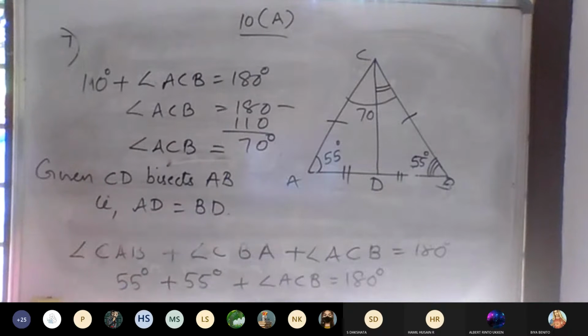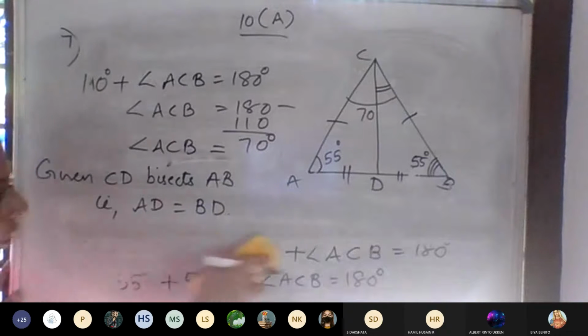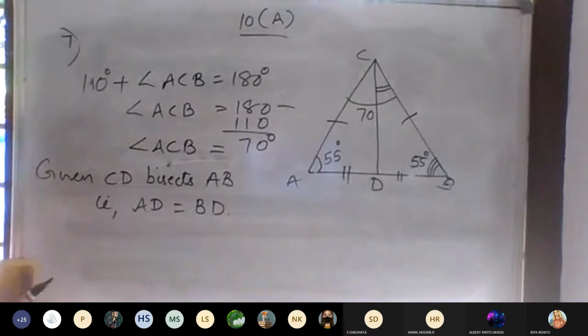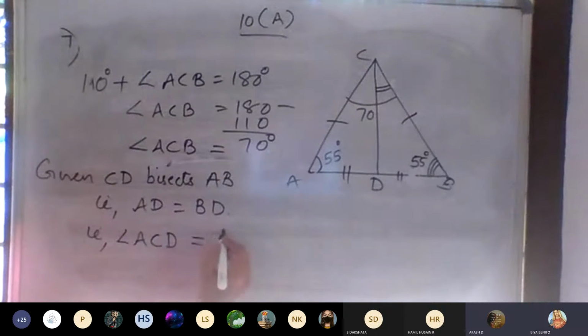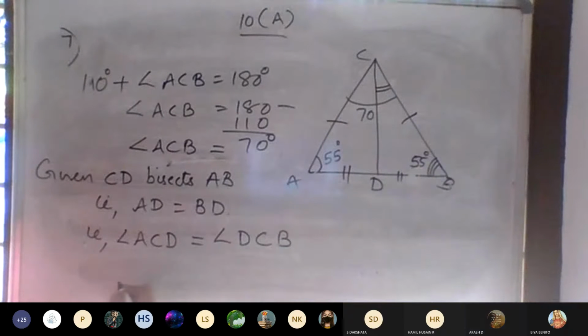AD is equal to BD, so the opposite angles, angle ACD and angle DCB, will be equal. These two angles will be equal, so total 70 divided by 2.